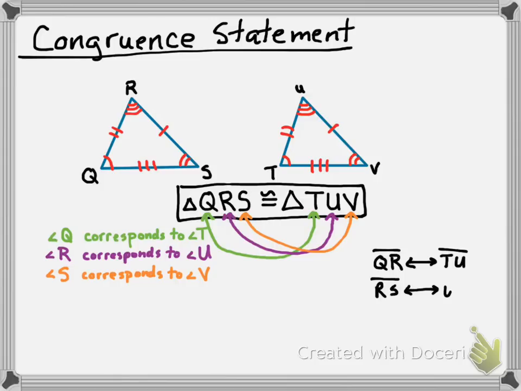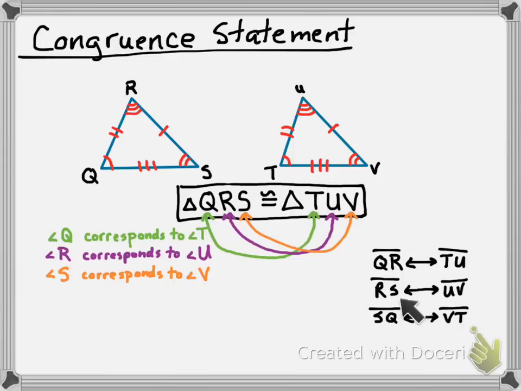And then also the sides have to match with the naming as well. Notice QR corresponds to TU, right? You have QR as first and second, and TU as first and second.